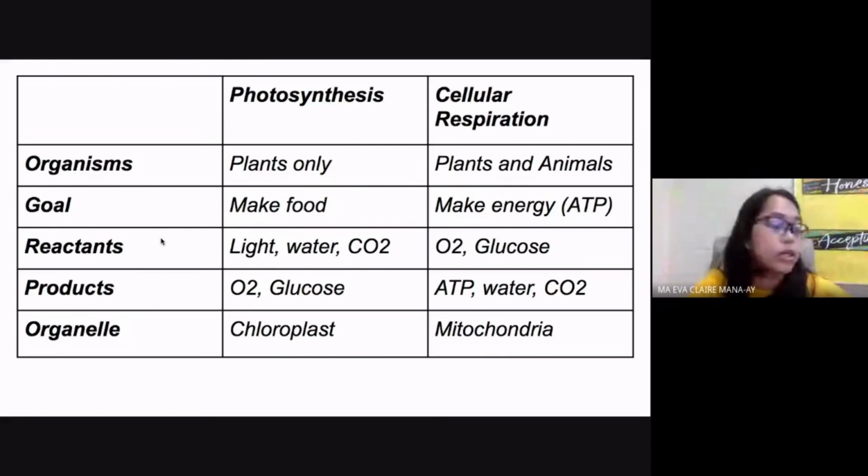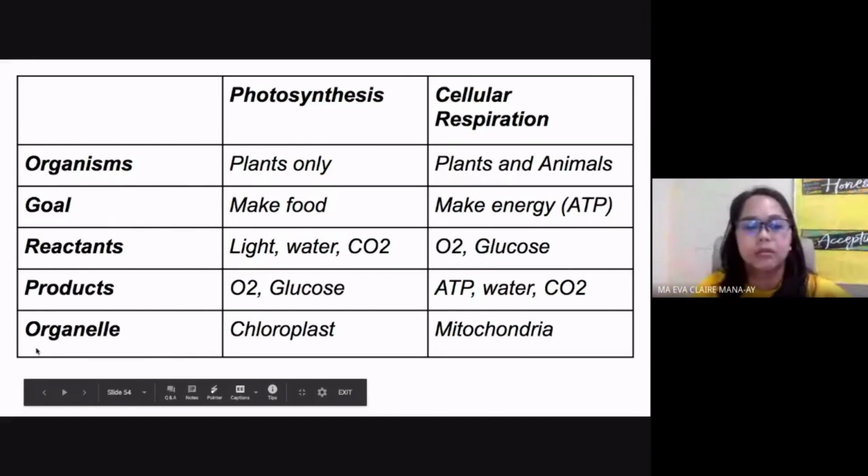Now, the reactants of cellular respiration, your glucose and oxygen gas, these were actually the products of photosynthesis. Again, remember, they are direct opposites of each other. The products of one become the reactants of the other. Now, as to the organelle, the part of the cell where they happen, photosynthesis again happens in the chloroplast, and cellular respiration happens in the mitochondria.